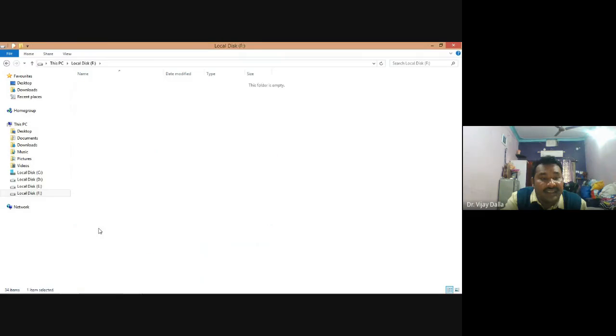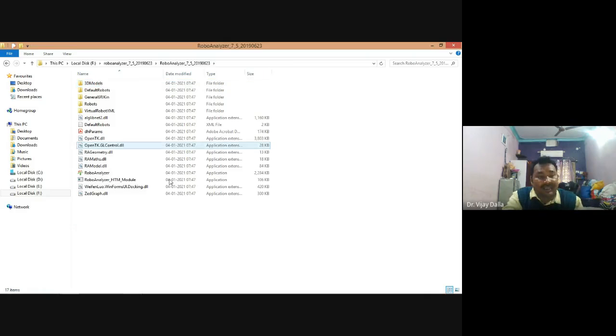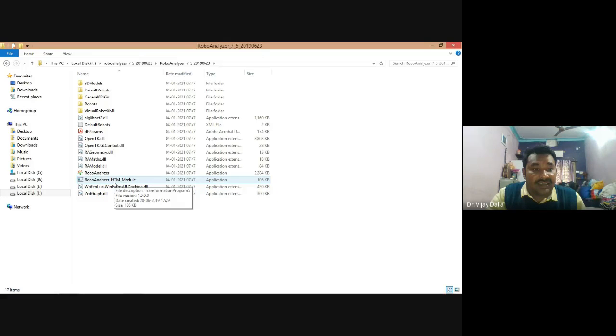Robo Analyzer, you can see. Please confirm whether the screen is visible or not, because earlier I had a problem. Now I'm going to click the Robo Analyzer STM module.